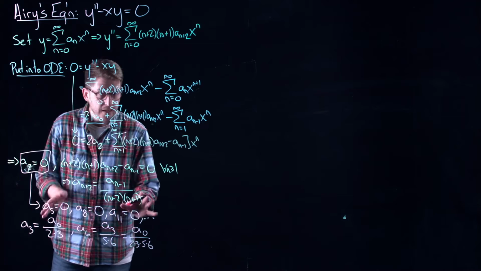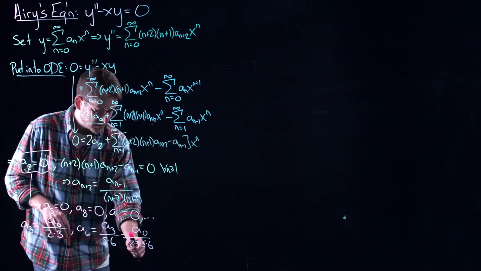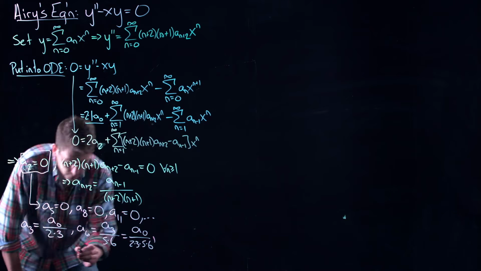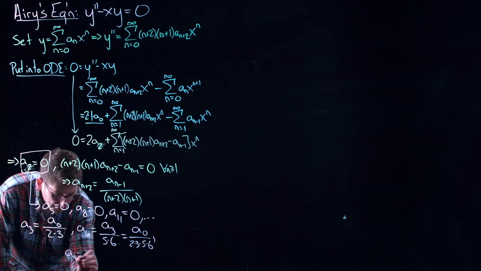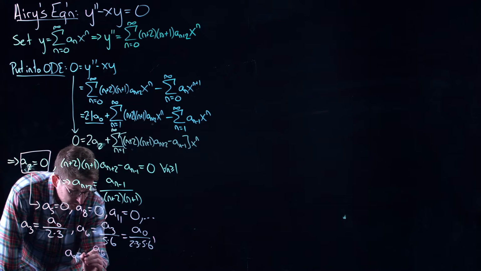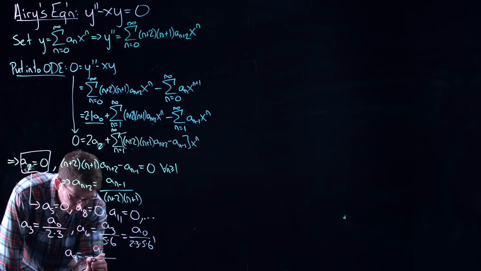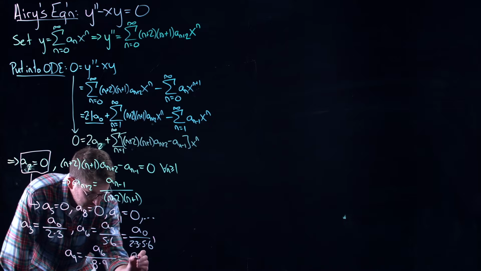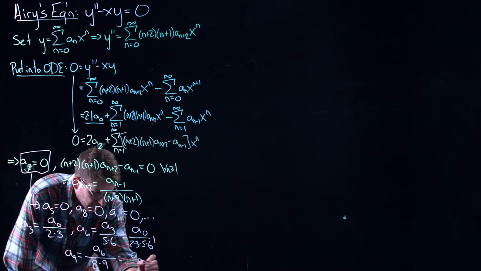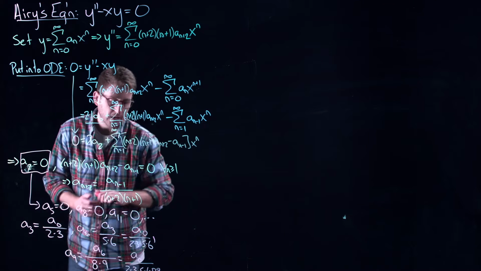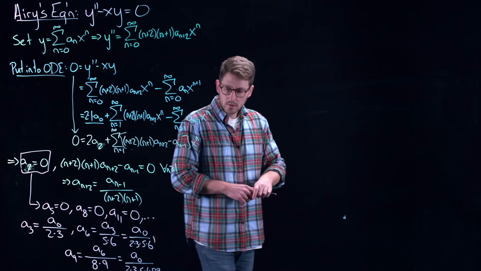And you can see that this is getting very, very ugly, right? They're missing a 4, so that's not really 6 factorial. And another one we could have is A9, which is A6 divided by 8 times 9, which is A0 divided by 2 times 3 times 5 times 6 times 8 times 9. So you're missing 4 and 7 to have a proper factorial here.